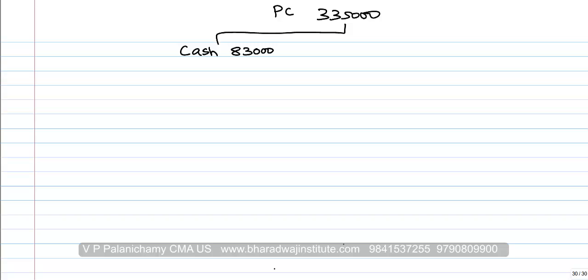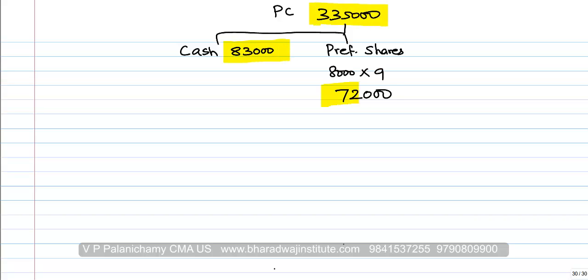In the form of preference shares, 8,000 shares agreed at a valuation of what? 9 rupees. 8,000 into 9, how much? 72,000. 3,35,000 minus 83,000 minus 72,000 will give you the balance.